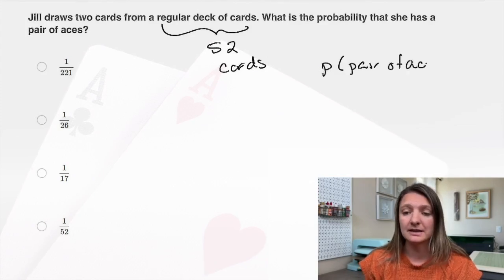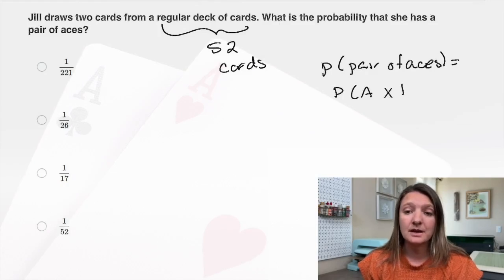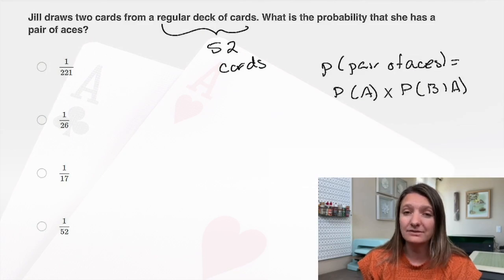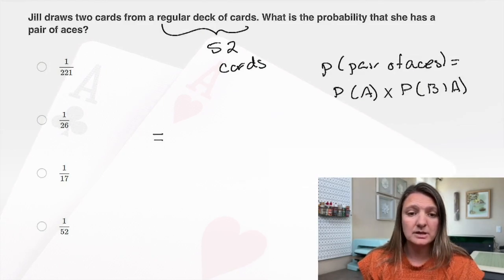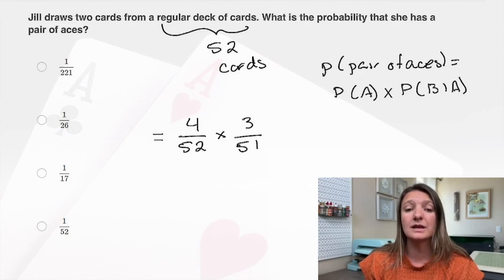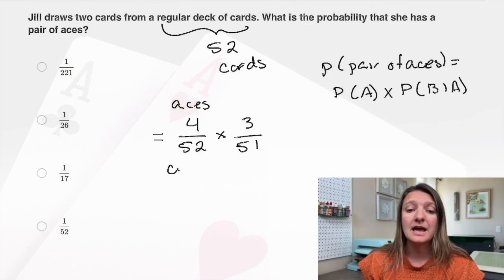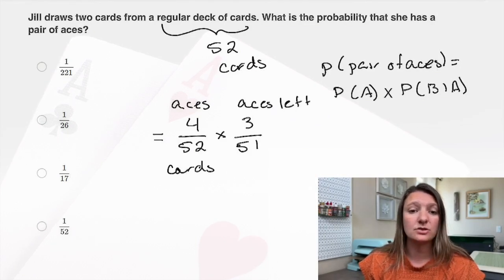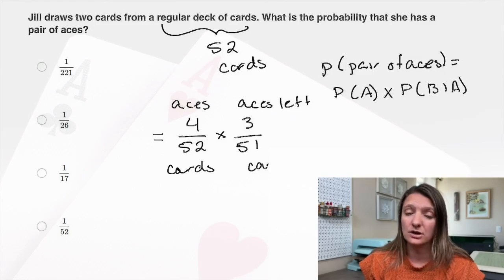So the probability of drawing that pair of aces is going to equal the probability of A times the probability of B given A. We know that there are 4 aces out of 52, and we now have removed one of those aces to draw another one. So we have 1 less ace, because we already drew that first ace, and out of 51 because there's 1 less card too. So there are 3 aces left, and there are only 51 cards left.